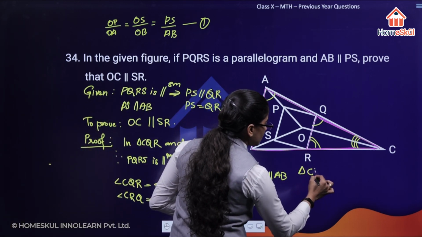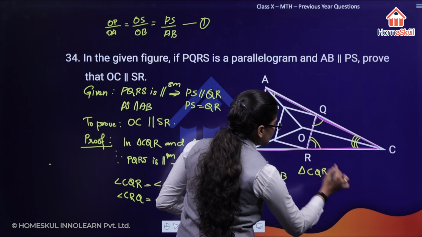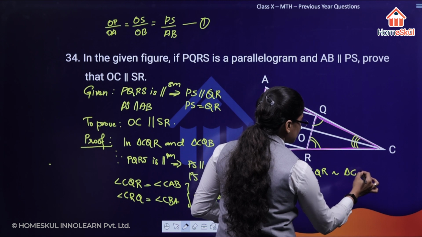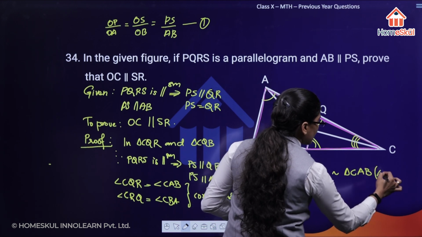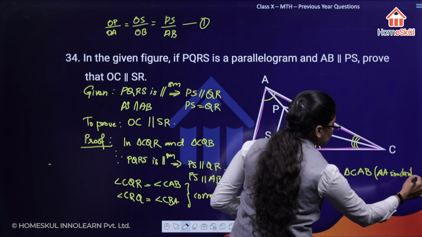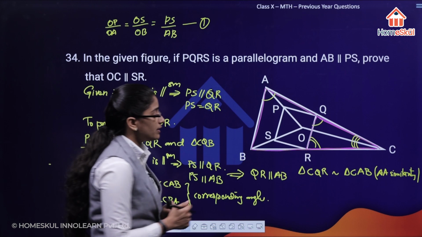Therefore, triangle CQR is similar to triangle CAB using AA similarity. If two triangles are similar, then the ratios of their corresponding sides are equal, right?